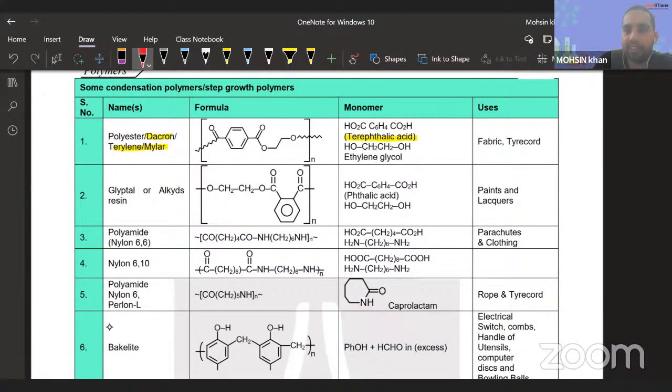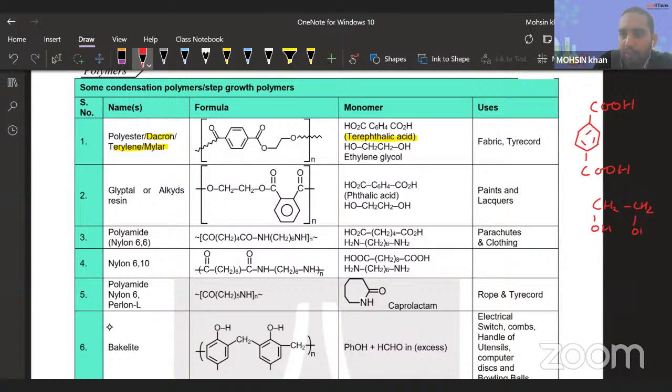We can draw terephthalic acid like this: on a benzene ring, we place COOH and COOH at the para position, so it is para dibenzoic acid. This is known as terephthalic acid. And ethylene glycol is CH2OH, CH2OH.